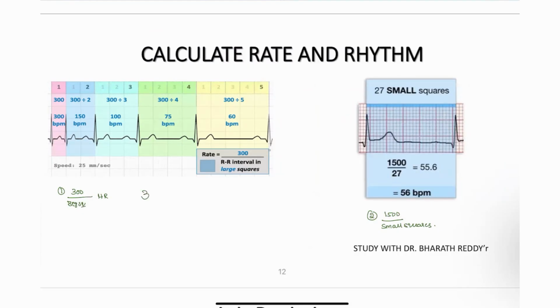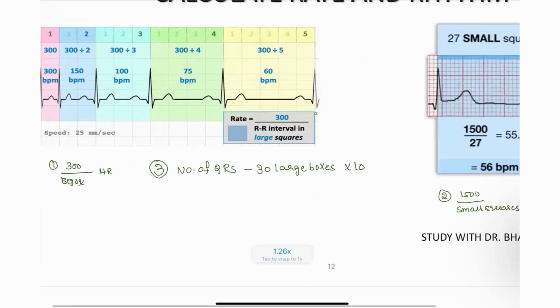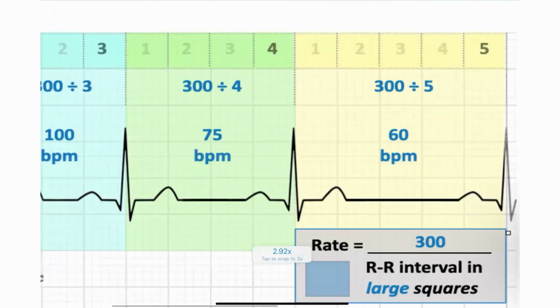Then for abnormal rhythm we have another calculation. What is that? The number of QRS complexes in 30 large boxes, multiplied by 10. This is how we are going to calculate the heart rate. Here you can see the 300 over big boxes: 1, 2, 3, 4.